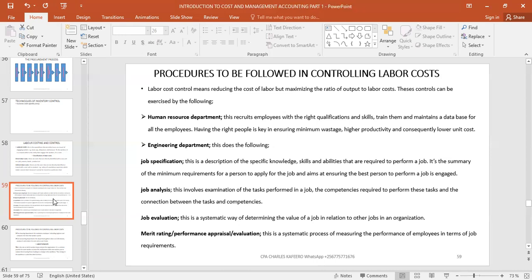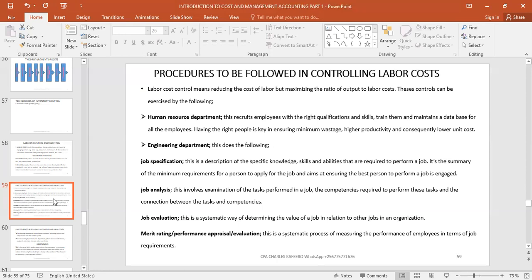They analyze even how much money is going to be paid when you are executing the job description, the job specification they have given above. So here we are saying that the engineering department does the following activities, and they are the ones who help us to control the costs.